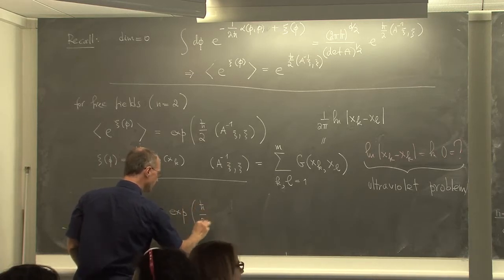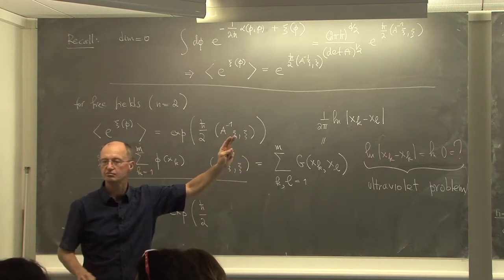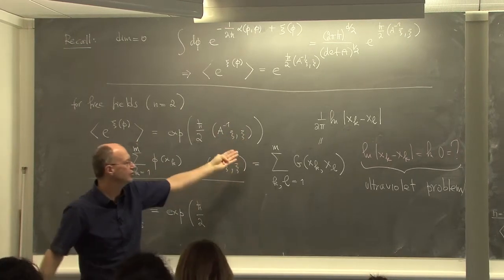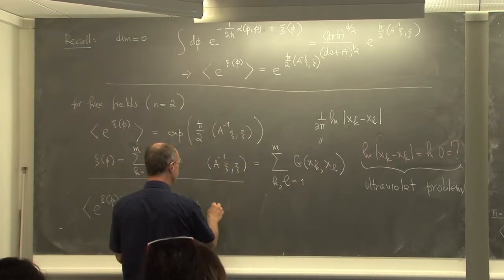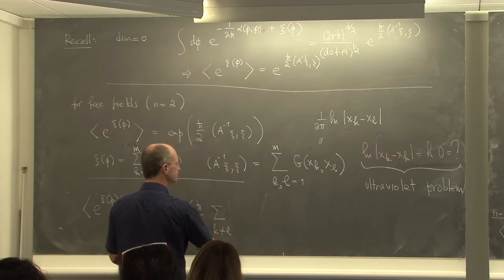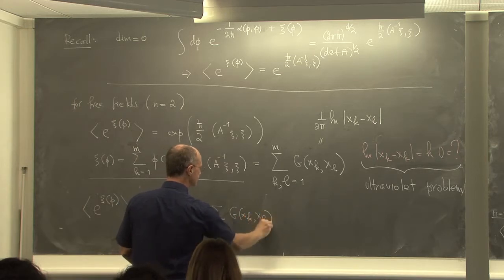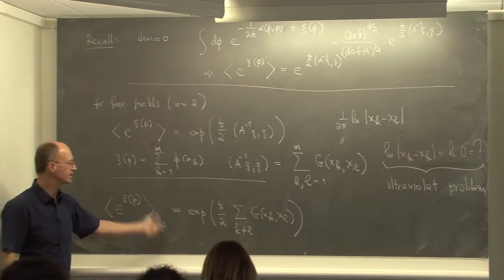So the idea is as follows. We simply throw away the terms that we don't like. We don't know what to do if k is equal to l, so let's just forget it, right? Well, that's a new nice definition.